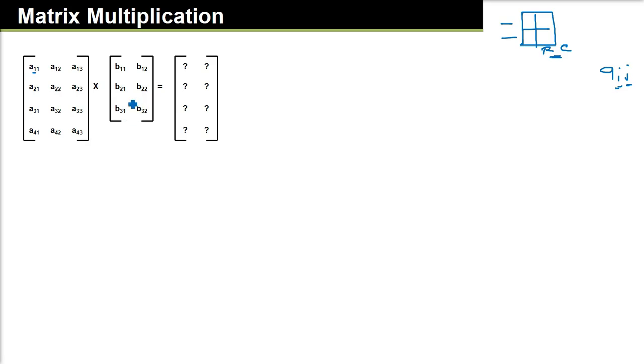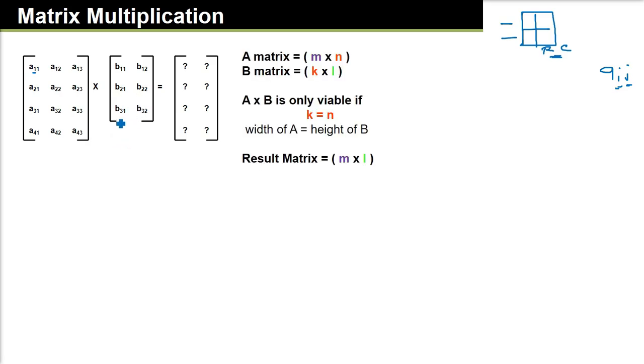If the first matrix has m cross n dimension and the second matrix is k by l, multiplication is possible only when n is equal to k, when the column of the first matrix equals the row of the second matrix.